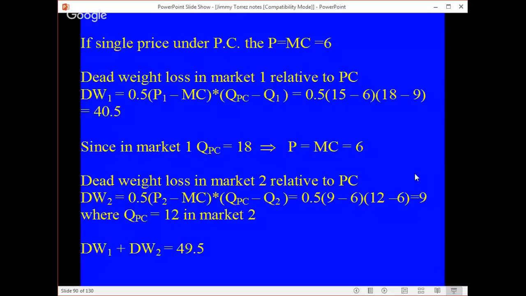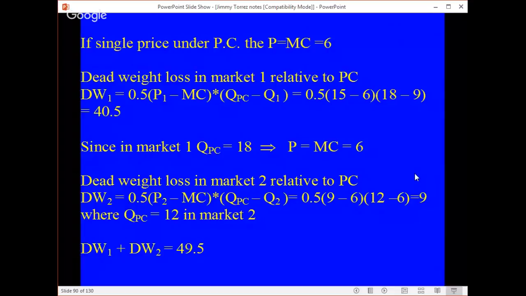So I get 0.5 times (P2, which is monopoly price, minus MC) times the perfect competition quantity minus the monopoly quantity, which gives me a deadweight loss of 9. So I have 40.5 plus 9, a total deadweight loss for the two markets of 49.5. That's the third degree. I'm sorry? The third degree, you're right.